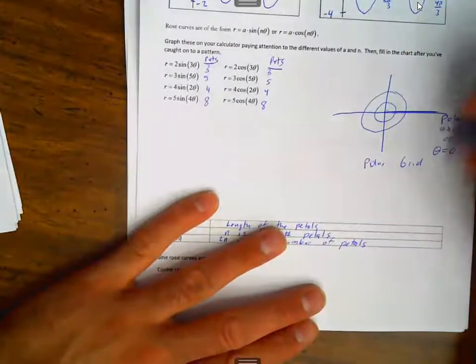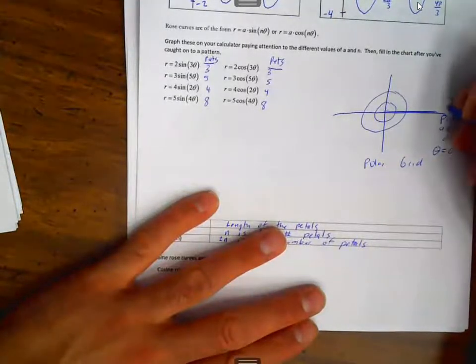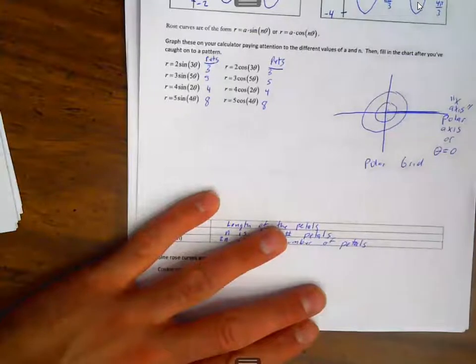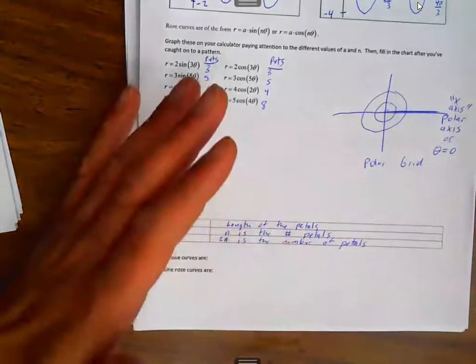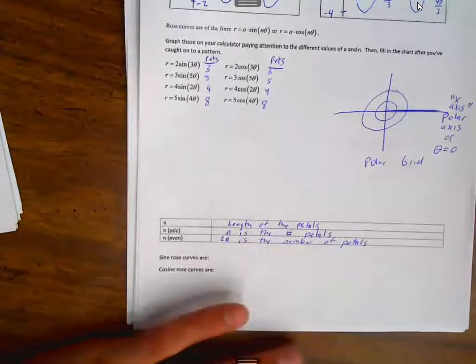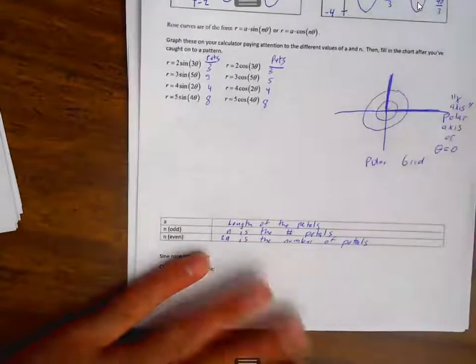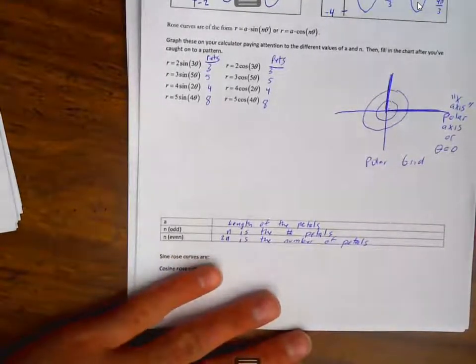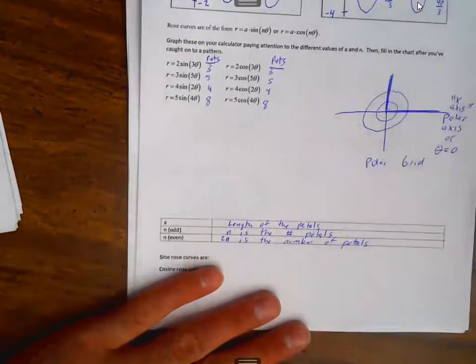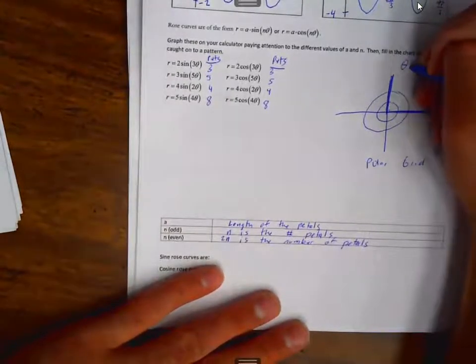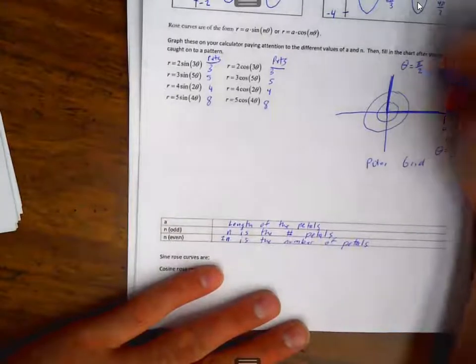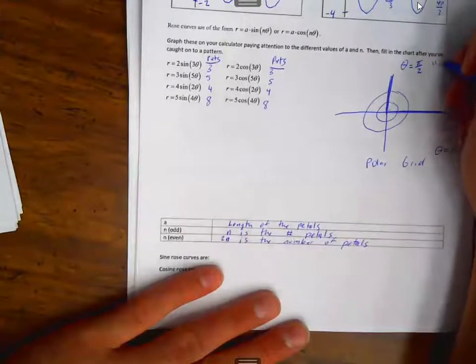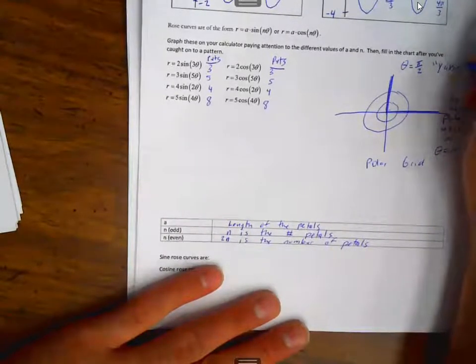That's the old x-axis. So I'm not going to call it the x-axis. I probably will call it the x-axis, but I shouldn't. It's called the polar axis. And then this here would be the angle 90 degrees or pi over 2. This doesn't have a cool name like polar axis. It's just called theta equals pi over 2.